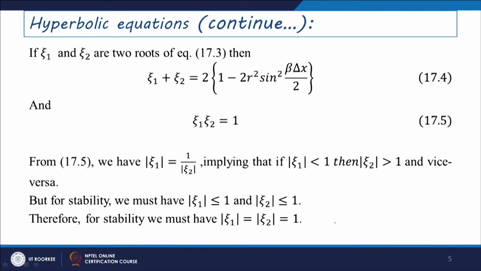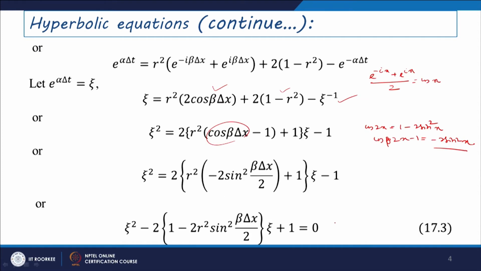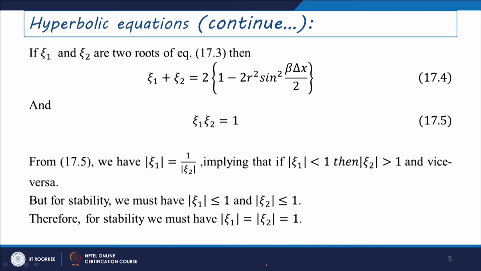So, if we see here, this equation is a quadratic equation. So, this contains 2 roots. Suppose these roots are zeta 1 and zeta 2, and if zeta 1 and zeta 2 are the roots of this equation, then we can write zeta 1 plus zeta 2 as minus b by a.